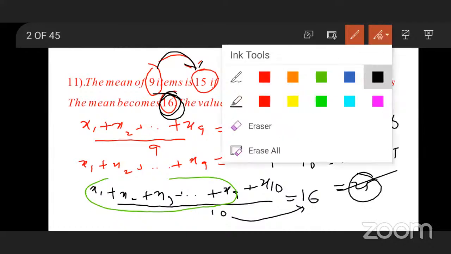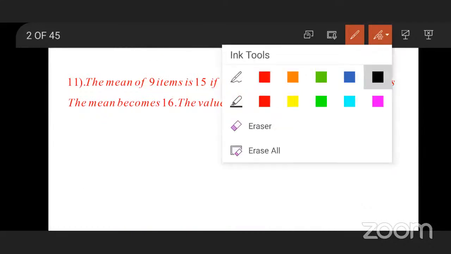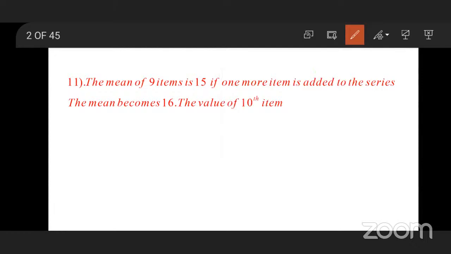Once again, I will repeat the concept. What is given? 9 items, mean is 15. So X1 plus X2 plus so on up to X9, divided by 9, is equal to 15.